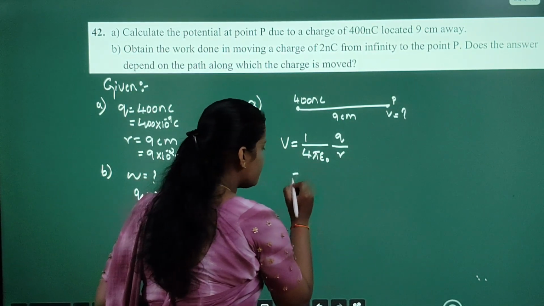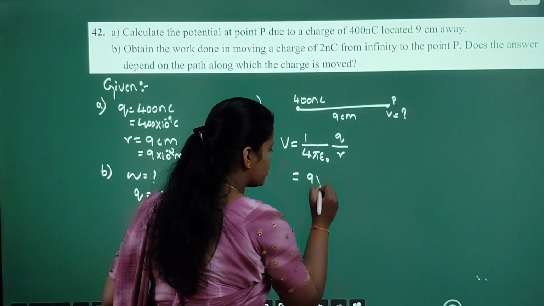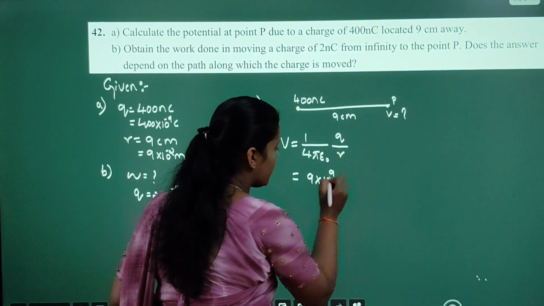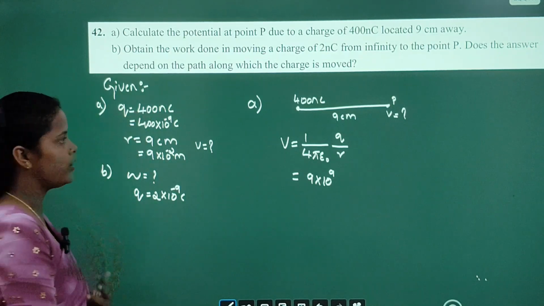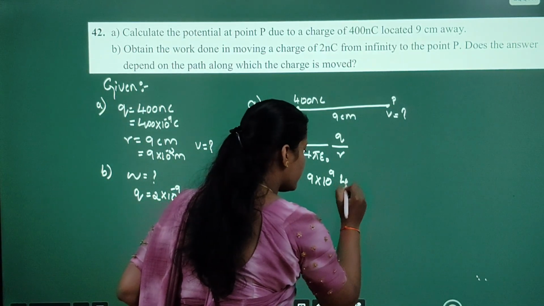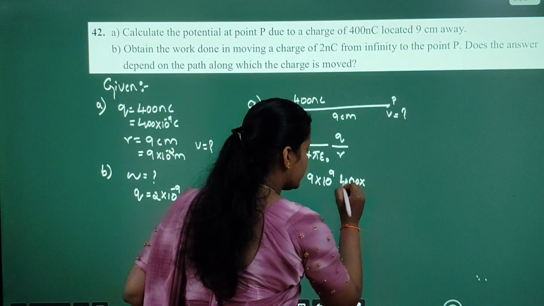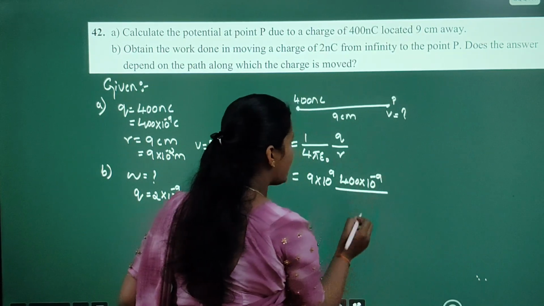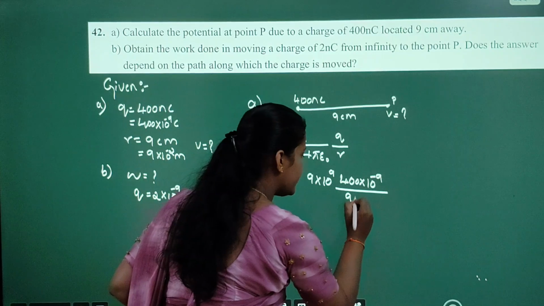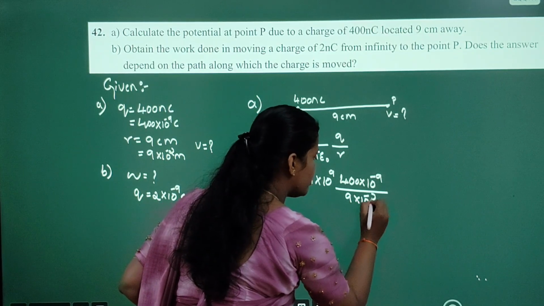We know 1 by 4 pi epsilon naught is the constant value 9 into 10 to the power of 9. Q is 400 nanocoulomb, so 400 into 10 to the power of minus 9 coulomb, upon R, which is the distance, 9 into 10 to the power of minus 2 meter.